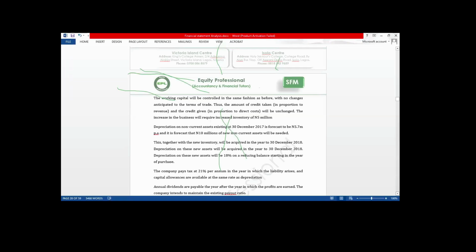Next, annual dividends are payable the year after the year in which the profits are earned. That means dividend is paid 1 year after the profit is earned.